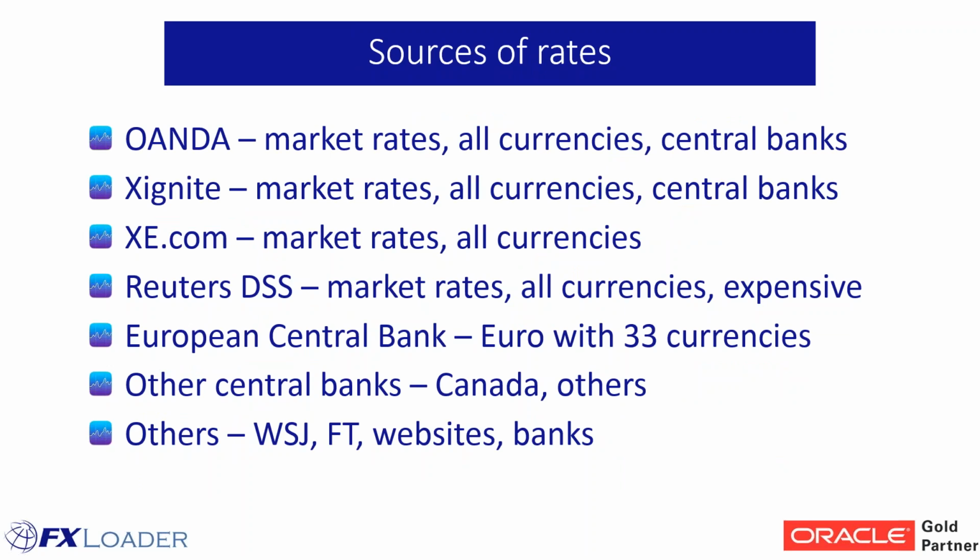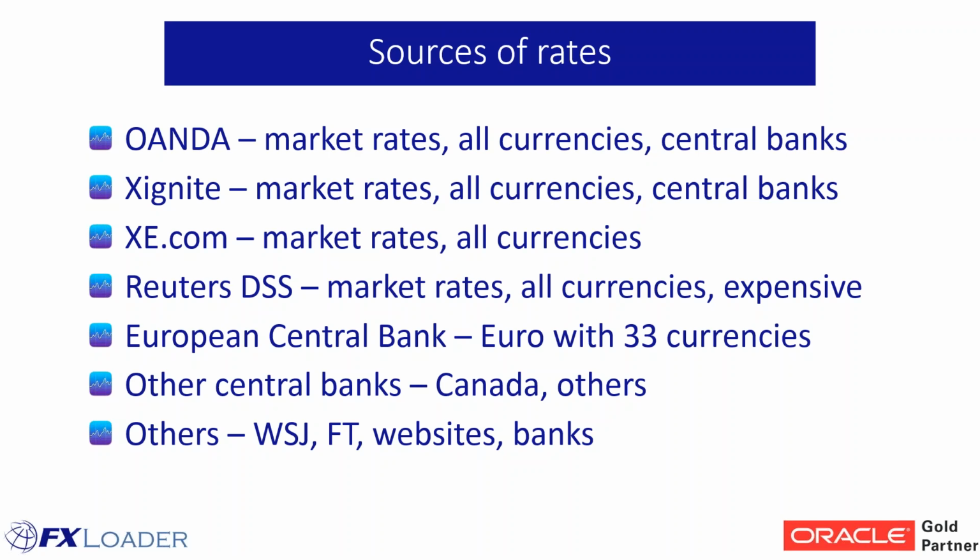And then a little bit of discussion about the different sources of rates. So we support quite a number, as you can see. We support all of those except the last point on there, which are more for manual loading. Oanda and Exignite are by far the most popular of these. They both provide authentic market rates for every single tradable currency and some central banks.